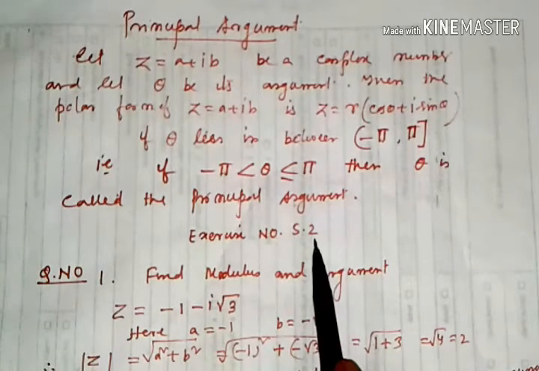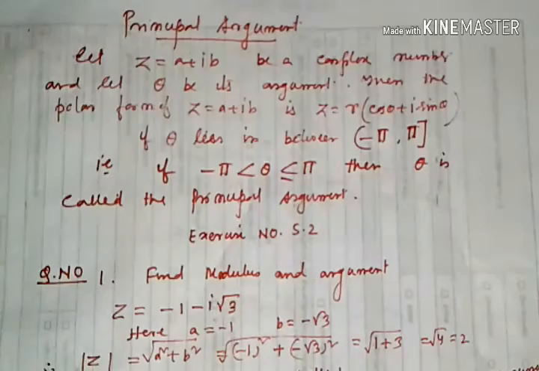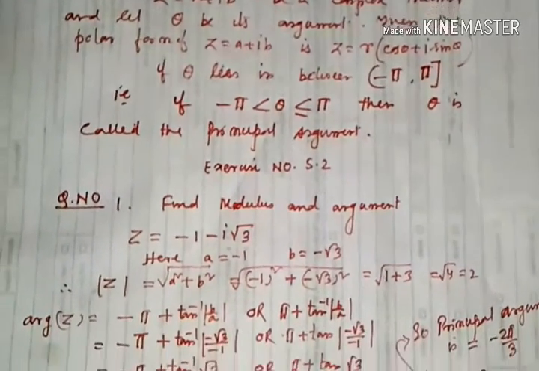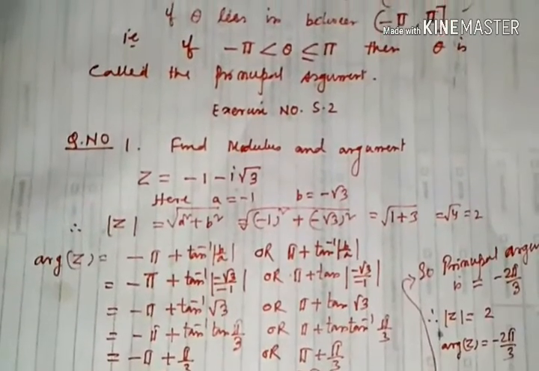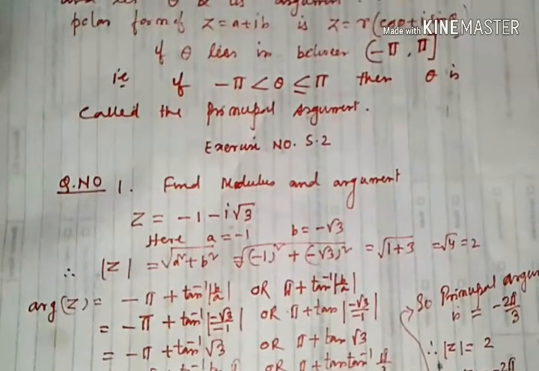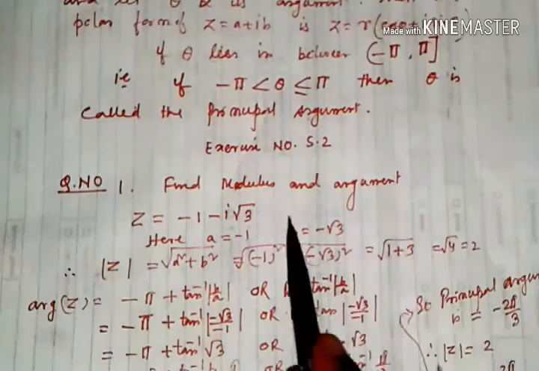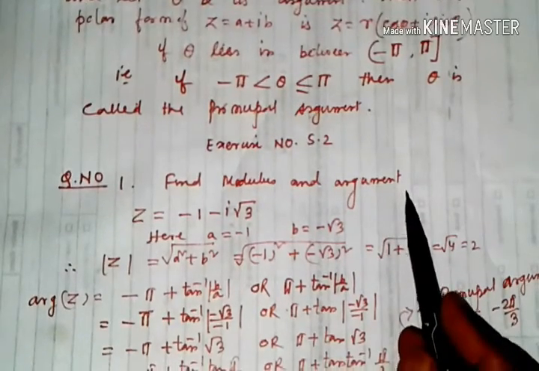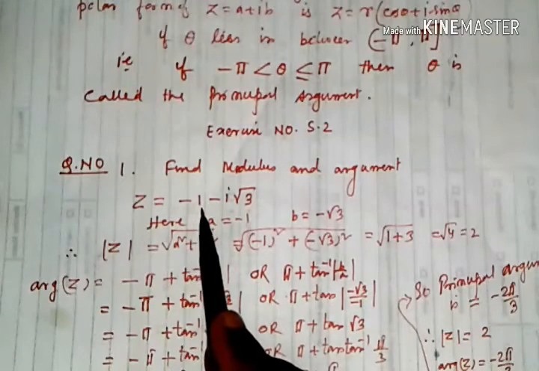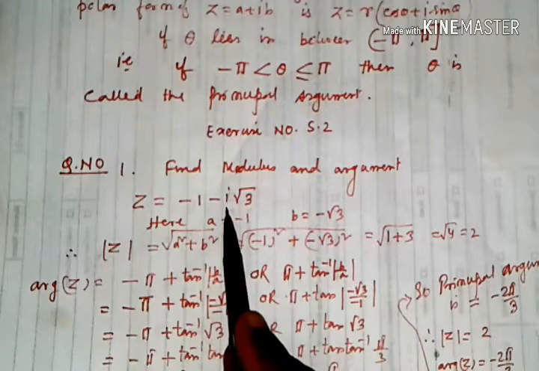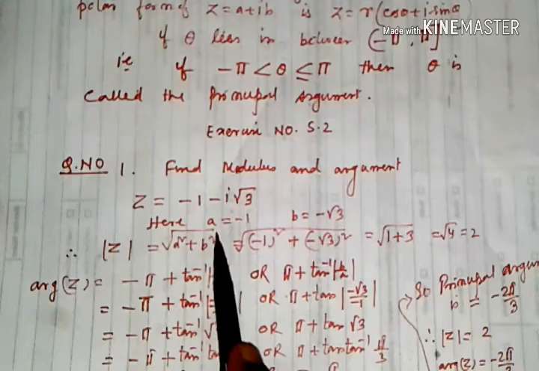But in exercise number 5.2, it is given: find the modulus and argument of z = minus 1 minus i root 3.